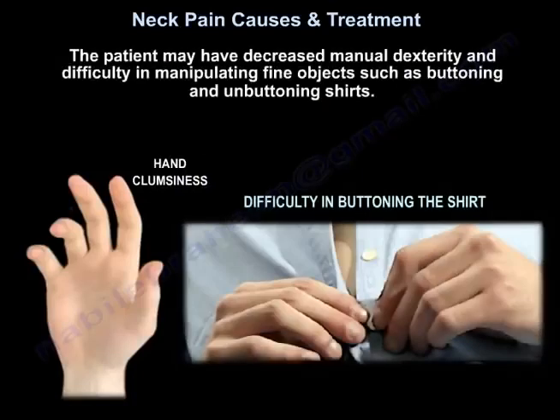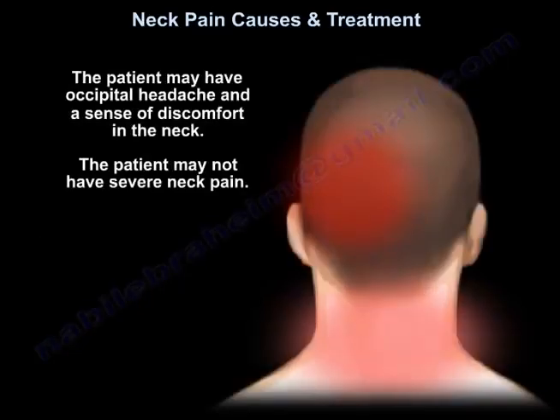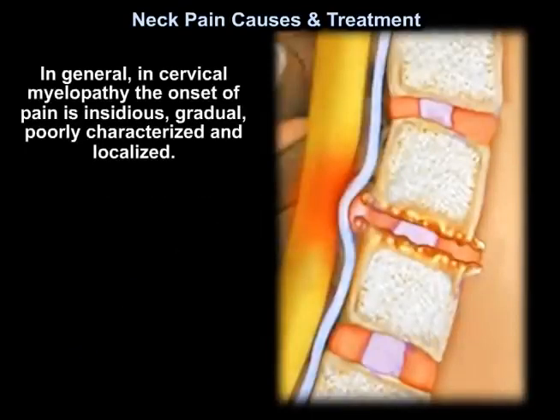The patient may have decreased manual dexterity and difficulty in manipulating fine objects, such as buttoning and unbuttoning shirts. The patient may have occipital headache and sense of discomfort in the neck. The patient may not have severe neck pain. In general, in cervical myelopathy, the onset of pain is insidious, gradual, poorly characterized, and localized.